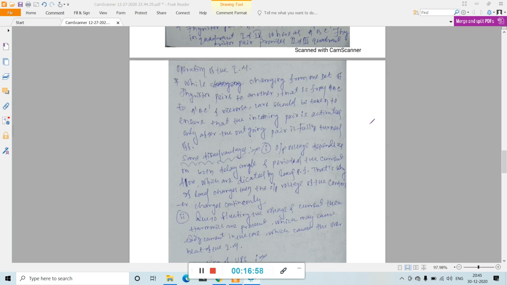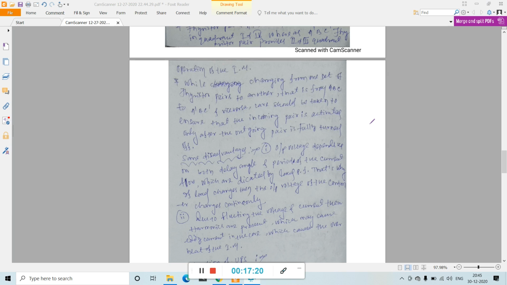While changing from one set of thyristor pair to another, that is from ABC to A dash B C dash and vice versa, care should be taken to ensure that the incoming pair is activated only after the outgoing pair is fully turned off. Some disadvantages are also there.